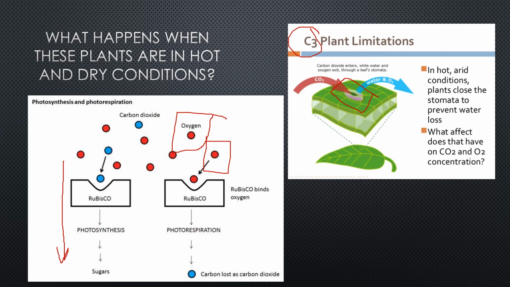And during this process, we produce one molecule of carbon, and that carbon, of course, is in the form of 3PG. Normally, remember, we would be producing 2, and this just produces 1.